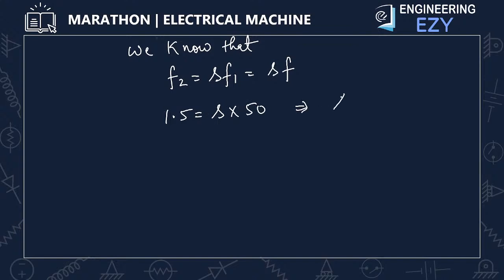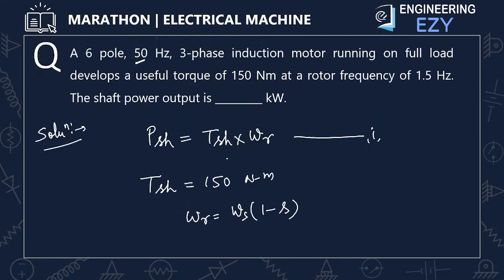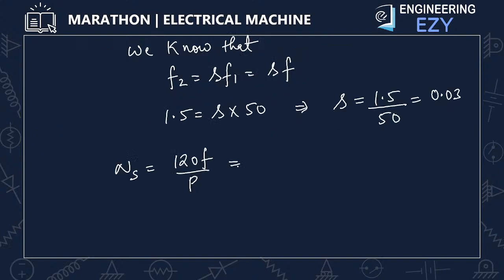So slip is equal to 1.5 divided by 50, so it is 3% or 0.03. Slip is 0.03. What is the N_S? N_S you can calculate as 120 f upon P. Pole is given as 6 pole and 50 hertz, so it is 120 into 50 divided by 6, which comes out to 1000 RPM.